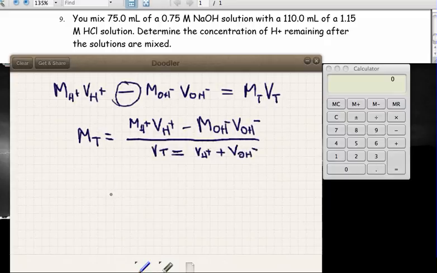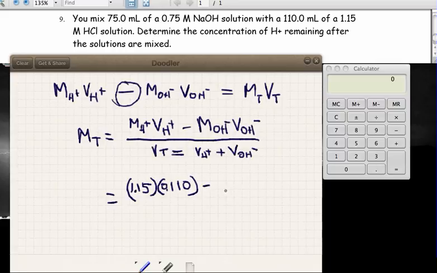Now it's time to plug and chug, plug in our numbers and solve our problem. So the molarity of the acid is 1.15, and we multiply that by 0.110 liters.